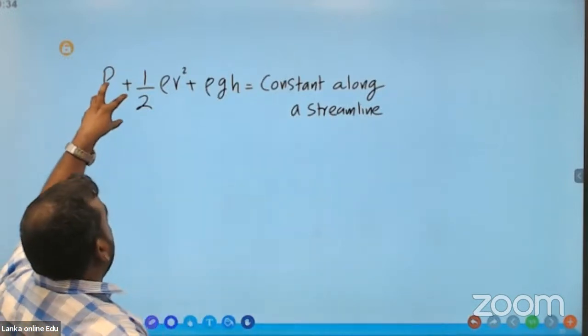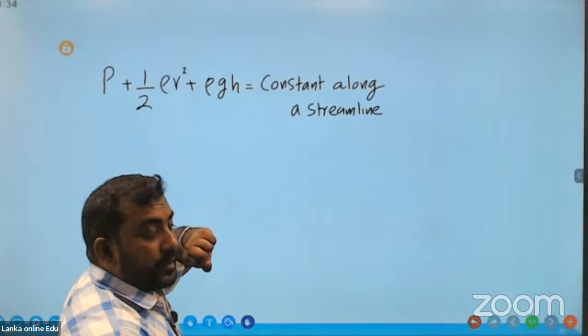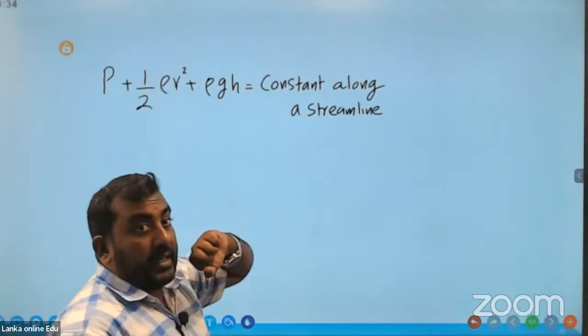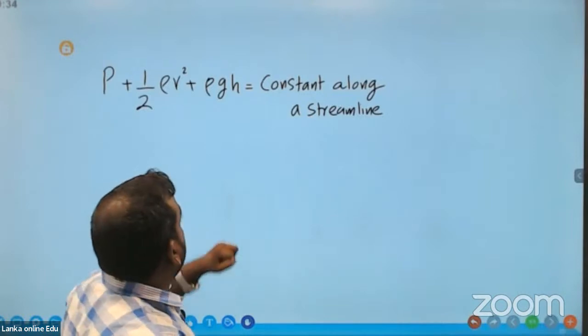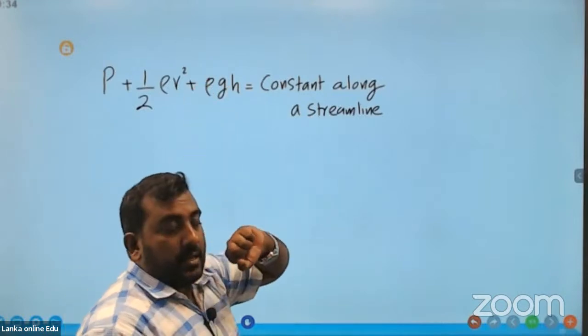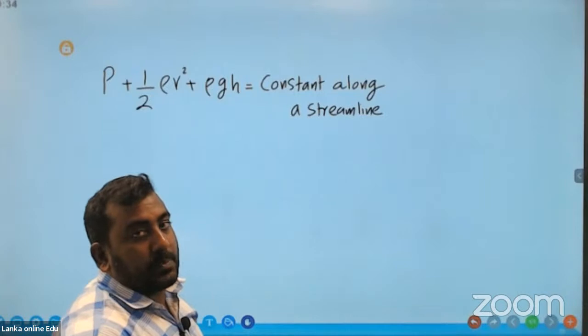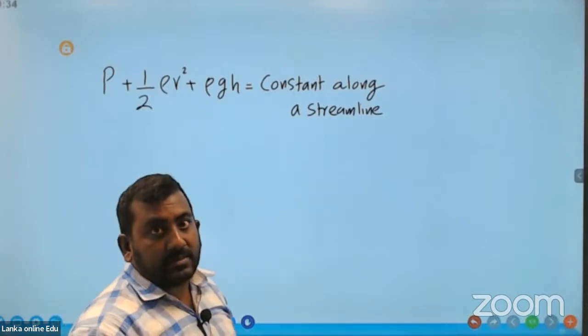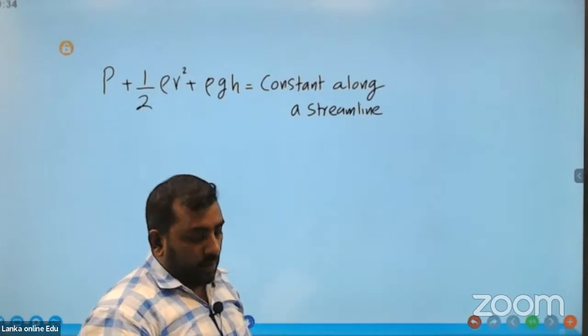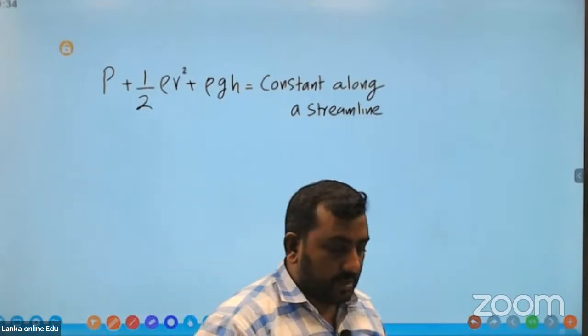P is work done by pressure per unit volume. Half rho V squared is kinetic energy per volume. Rho GH is gravitational potential energy per volume. So like that also you can explain this particular term. Either way, whatever is comfortable, you can use it.